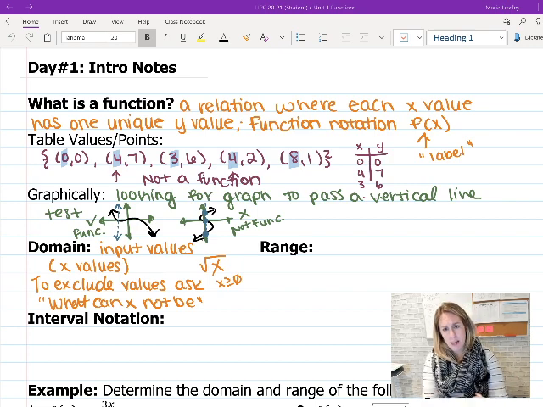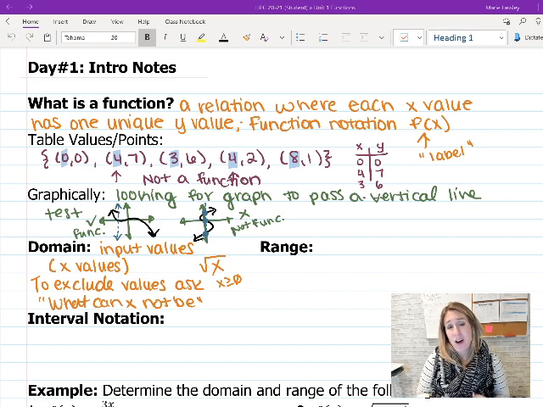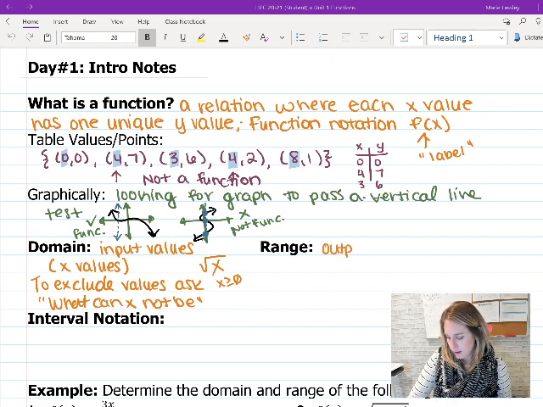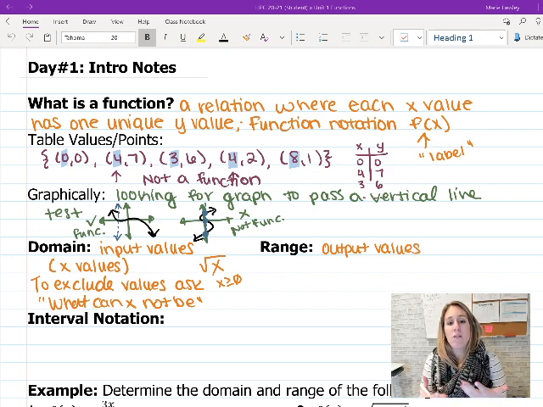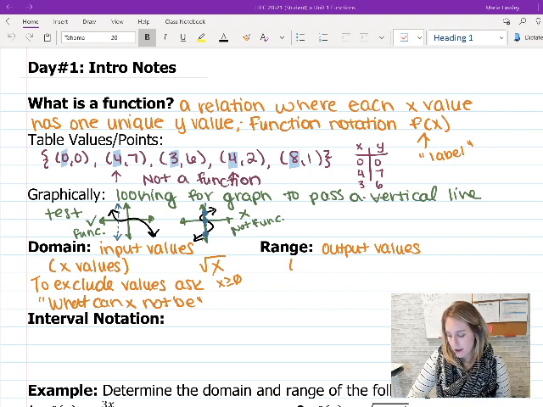Range is a little bit more complicated, so I'm moving on to range. Range is your output values. It's what you get out of the function once you put your x values in. So these are your y values.